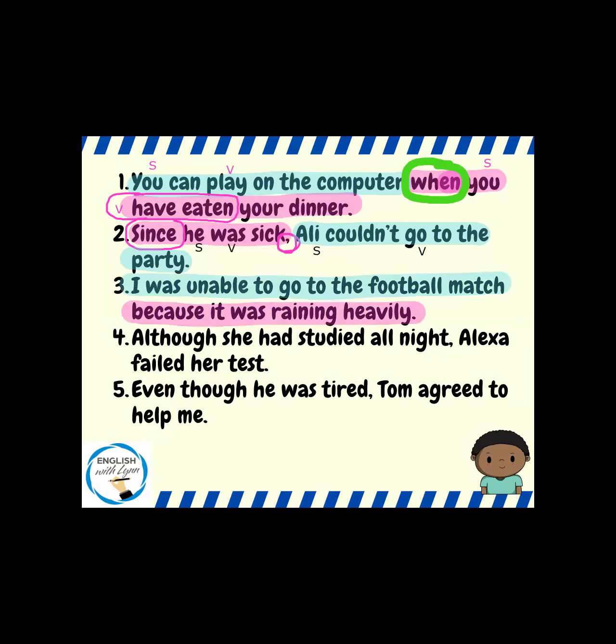Now, this is a little bit tricky to work out the subject verb bit. So I've got a few verbs in here. So I've got I was, so that is a subject. Was is a verb that's linking. I've also got to go, so that is your infinitive there. It's also another form of the verb, okay?